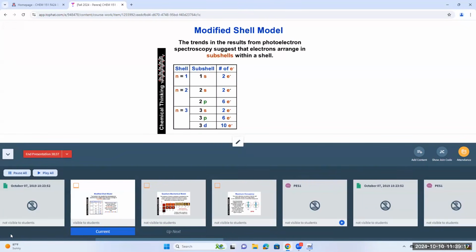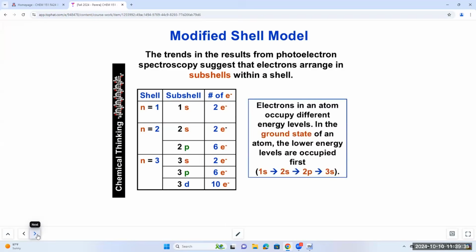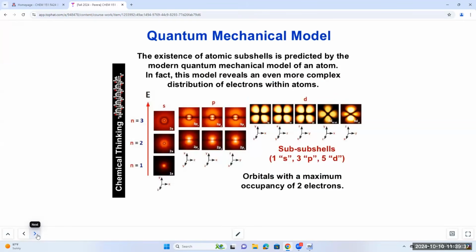Oh, by the way, before we have some fun with this, I'm going to use 2 more minutes to tell you something. Then I want you to forget about that, okay? Here's how it goes. It turns out the modified shell model is not the most accurate model either. The most accurate model is called the quantum mechanical model.